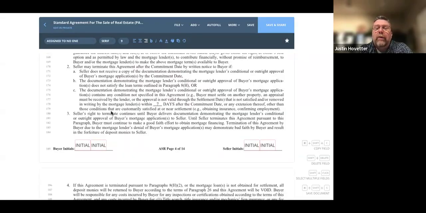So what are those? Some examples: that the buyer must sell another property. Well, that wasn't on the pre-approval. We don't have a sale and settlement contingency. We don't have the appraisal yet. Now, it does put a 7-day window to satisfy these things.